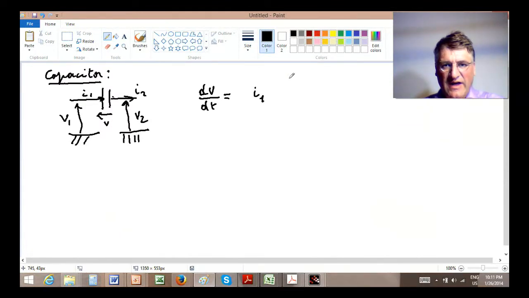And we will have that the input and output currents are going to be once again the same. I1 is equal to I2 is equal to I.